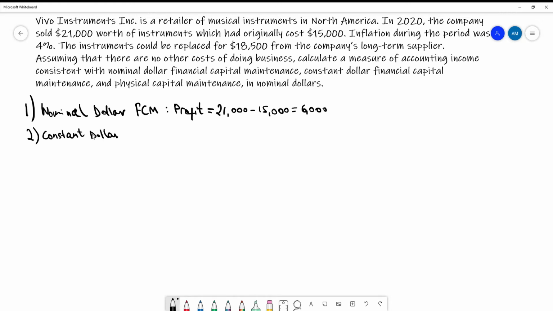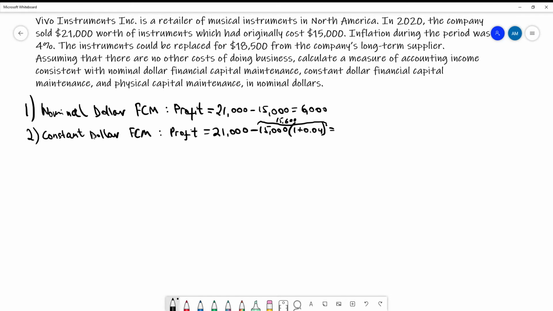Profit is 21,000 minus 15,000, and we are considering inflation here, 4% inflation, and this is 15,000 multiplied by 4%, so $600, so $15,600 is this component here.